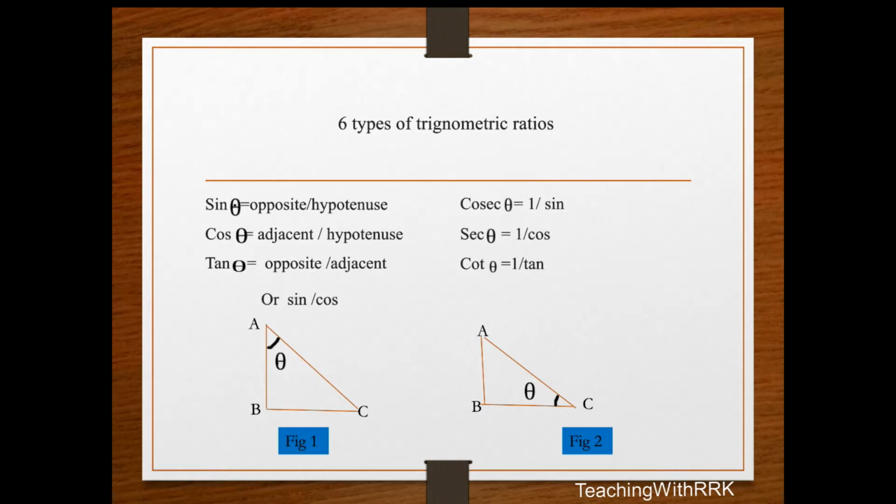Next figure, BC by AB. So the four trigonometric ratios, tan theta, cosec theta, sec theta, and cot theta, we get from sin theta and cos theta. If you know sin theta and cos theta, you can define all other ratios.